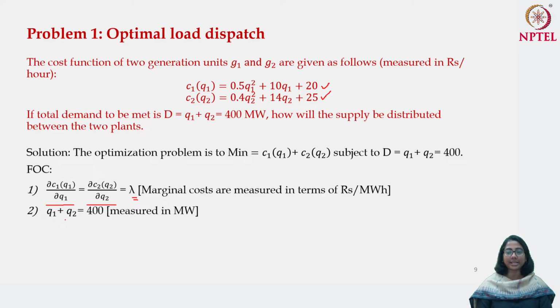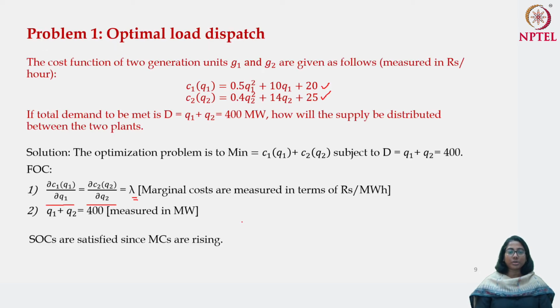This is derived by setting del L del lambda equal to 0. The second order conditions are satisfied because the marginal costs are rising. This small calculation you can do again: derive the marginal cost functions, then take the derivative of the marginal cost functions with respect to Q1 and Q2 and see whether that is rising or not.